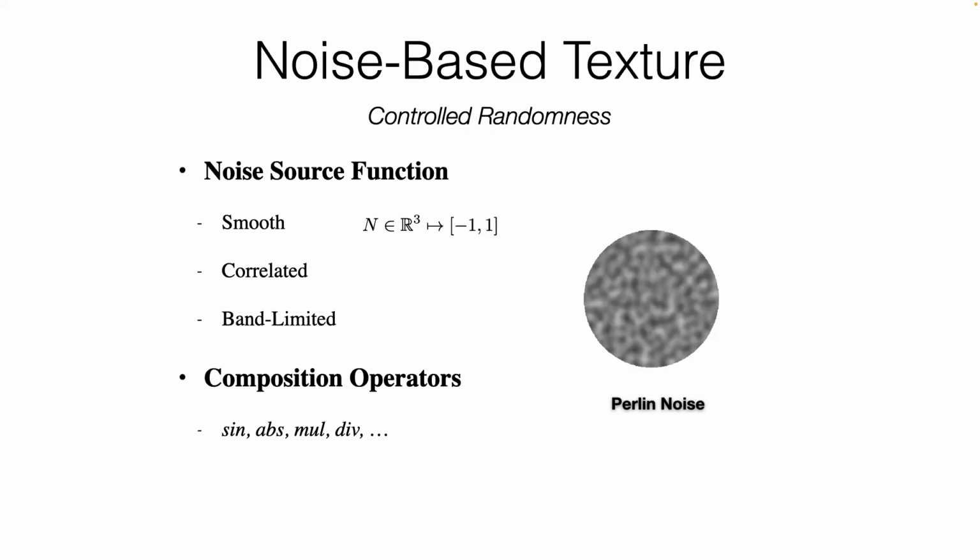The idea here is that you have a noise source function, but smooth, correlated, and band limited, and it spans the Euclidean space, could be Euclidean space of dimension 1, 2, 3, 4, right? And then you have the composition of operators like sine, absolute value, multiplication, division.